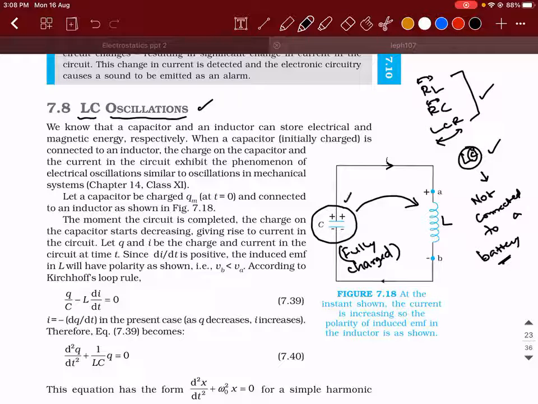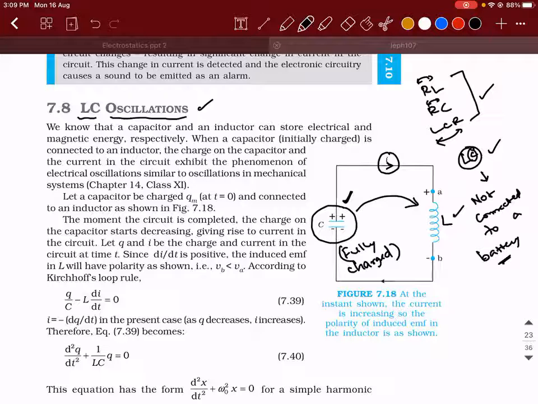Remember, when this is getting discharged, it is going to lose different magnitudes of charge at different instants, right? The capacitor will not supply a current of constant magnitude. Rather, it will supply a current with varying magnitude. So when this value of I is going to change, what will happen across the inductor according to its principle?